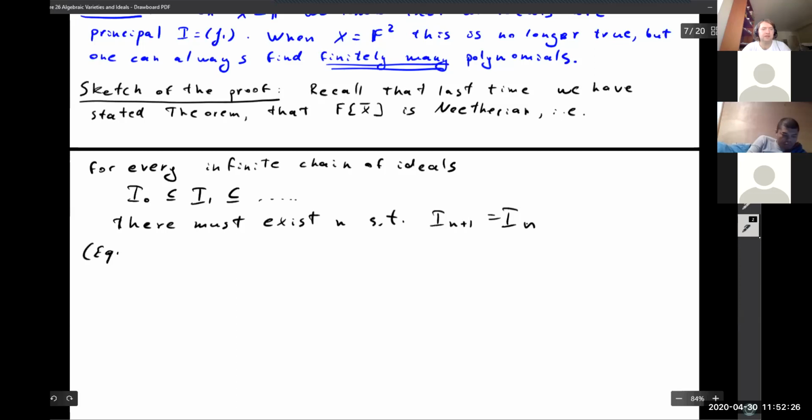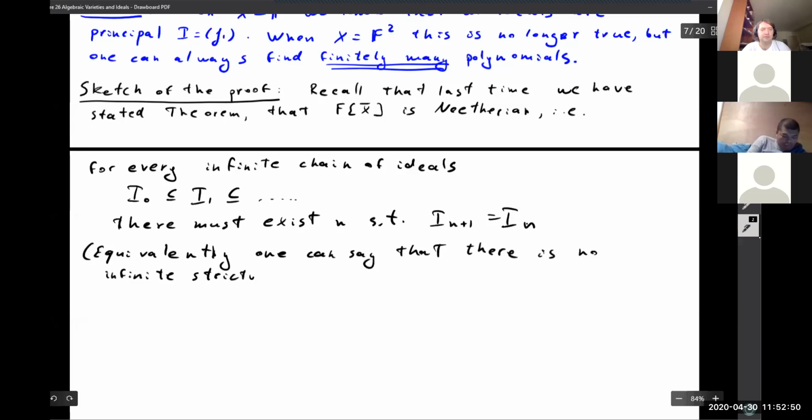Equivalently, one can say that there is no infinite strictly ascending chain of ideals.